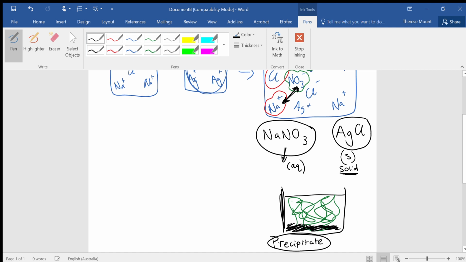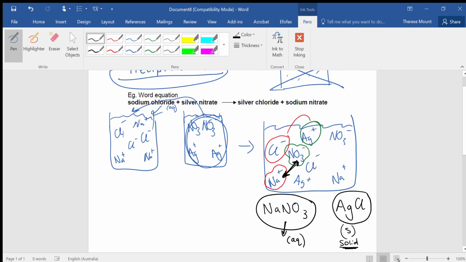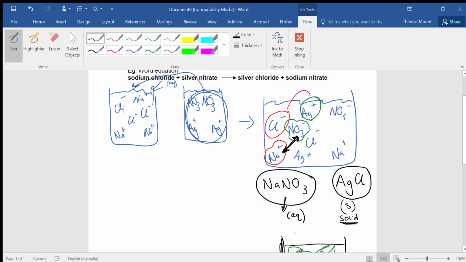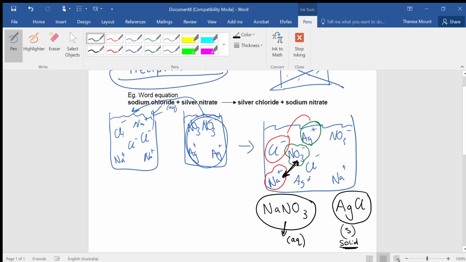But just that idea of we've got two solutions of these ions floating around. They're both soluble, they're both just floating around. And then we put them in together, and then a new combination might occur where one forms a solid. And we see it in real life. We see it as either cloudiness or a solid being formed at the bottom of the beaker. And that's called the precipitate.